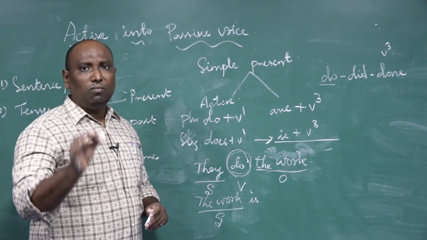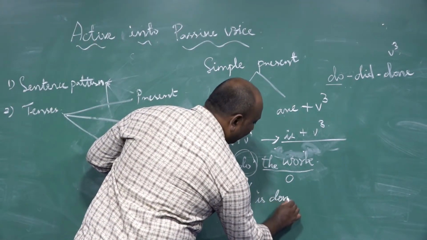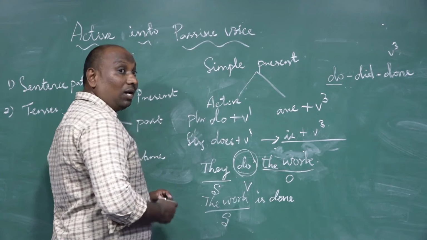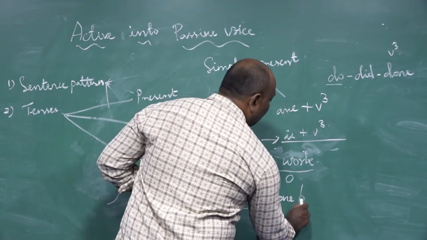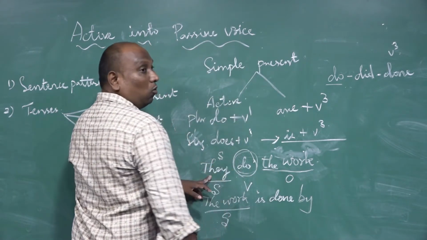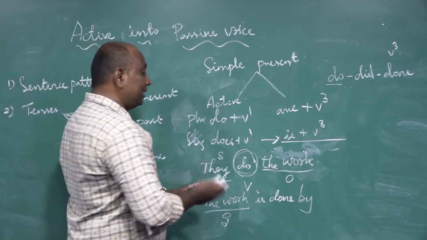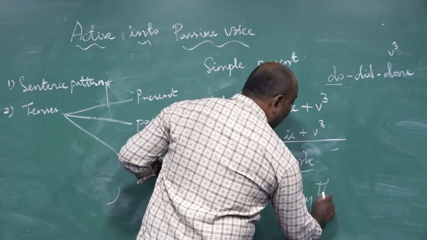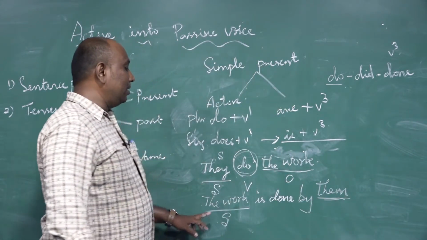So: "The work is done." And we have to add the agent with "by." The subjective pronoun, when it comes into the object place, changes into the objective pronoun. What is the objective pronoun for "they"? "Them."